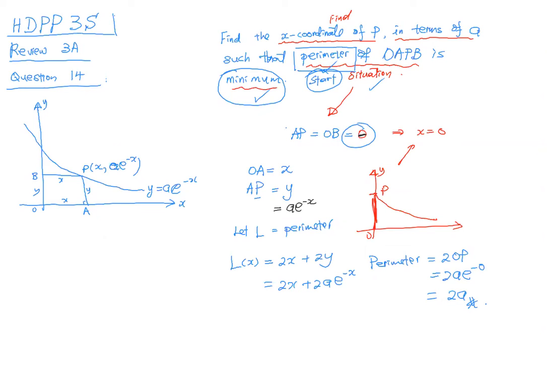So the distance can be shortest. Yeah, minimum means shortest. Why must I find it? Why can't I just get it from here? Is that the only way? Can I get it in another form? Should I differentiate all the time?